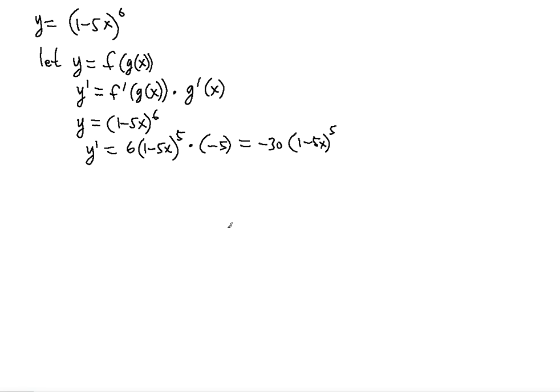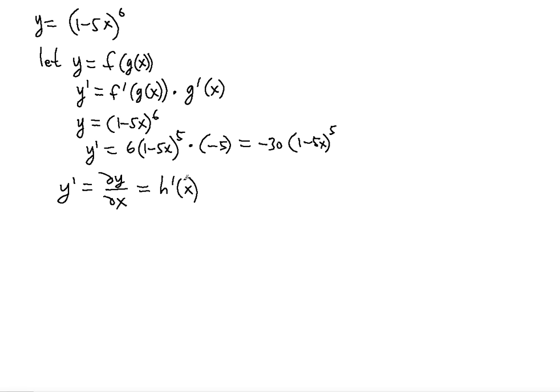But now the second method is a little bit different, though it uses the same technique. Essentially, you're going to use substitution the same way as you thought of g of x. First of all, let me tell you that y prime can be expressed as dy dx, and simply h prime of x.